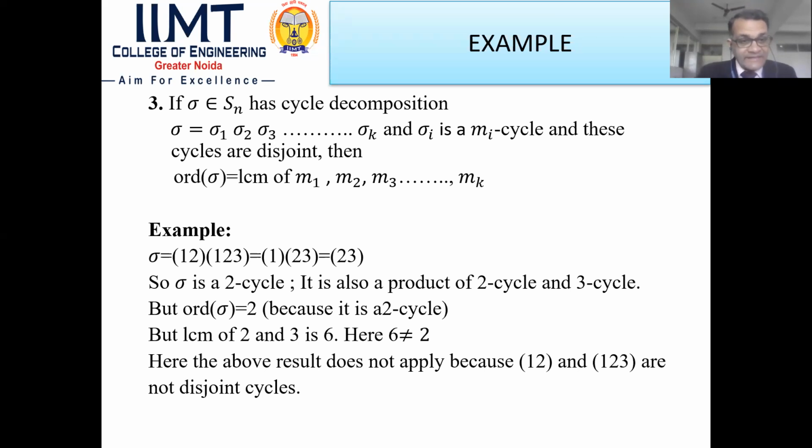But initially we have sigma as the product of (1 2) and (1 2 3), one cycle of length 2 and another cycle of length 3. So what is the LCM? 6. But one point to be noticed is that these cycles are not disjoint, because 1 is the common element in both the cycles (1 2) and (1 2 3). So we cannot apply the above result in this example.